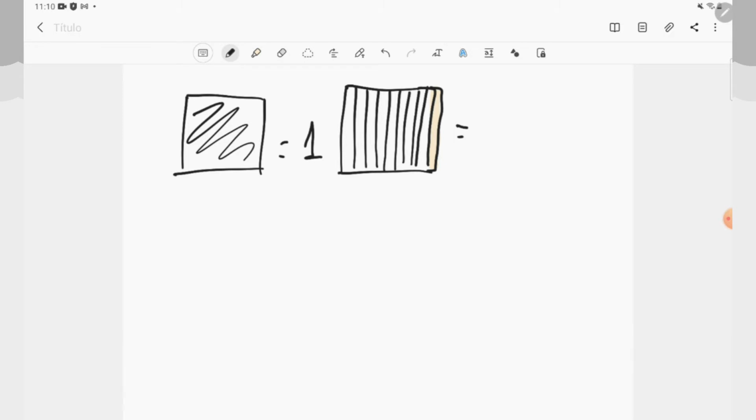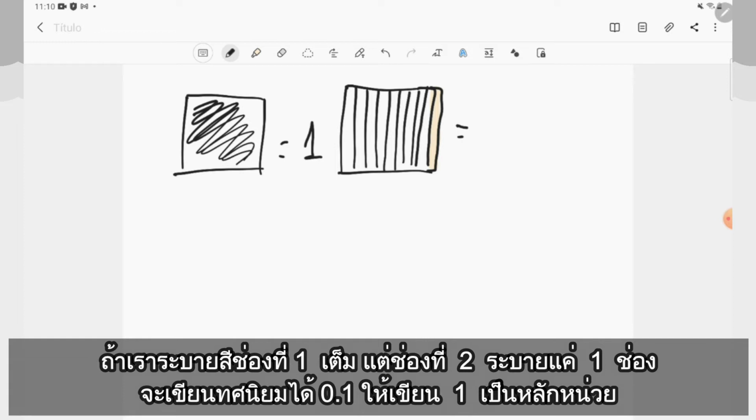So how to write this fraction as a decimal? Well, when we have the whole picture filled, it is 1, right? So starting from that concept, if it's not fully colored, it is 0 and then a point.